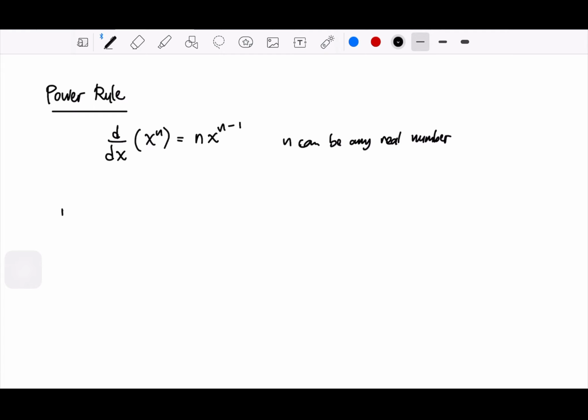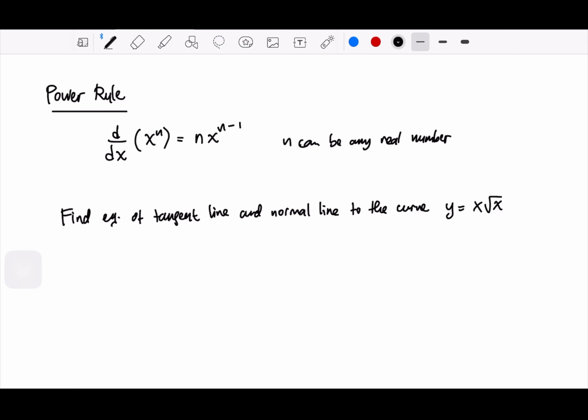Okay, if we have questions like find equations of the tangent line and normal line, I just want to check your understanding of the tangent and normal line to the curve y equals x square root of x at the point (1, 1).